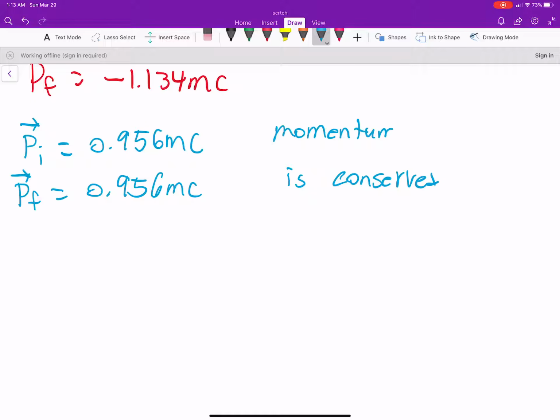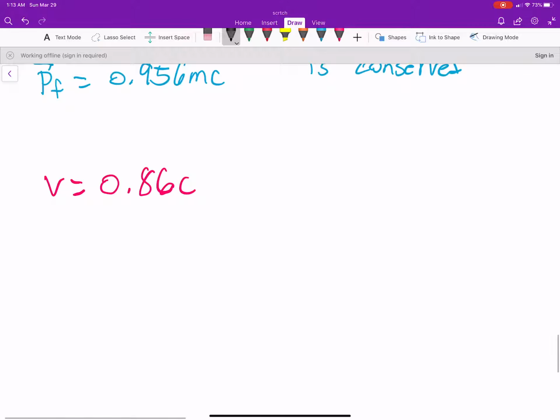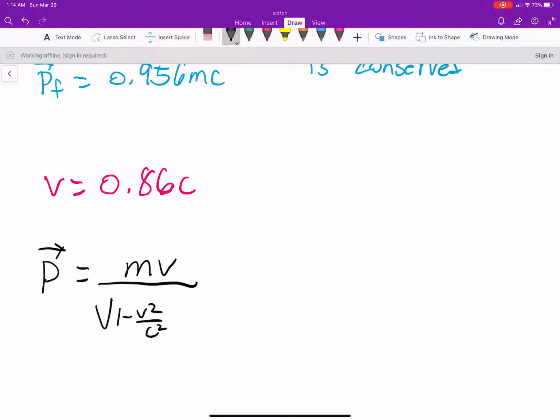Now, let's take a quick example. Let's say we want to find the momentum of a photon. Let me turn my light on. It's moving at a speed v equals 0.86c, so 86% the speed of light. We want to know the momentum of this photon. Well, let's use our new fancy definition of momentum. Really cool looking formula. You would have to be given the mass of the photon, obviously. We know the speed.